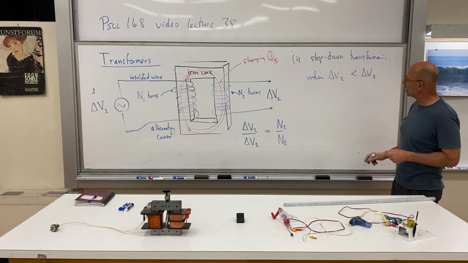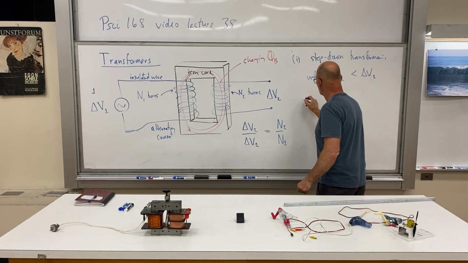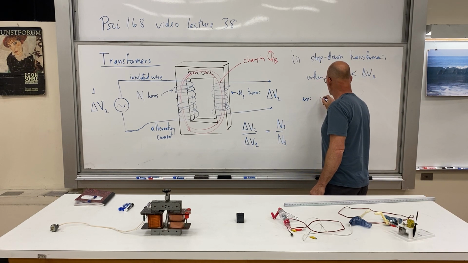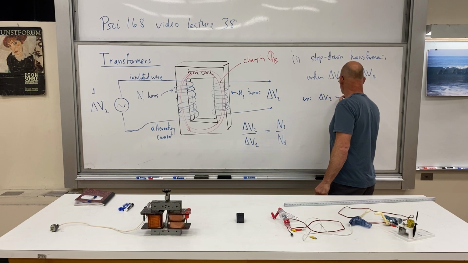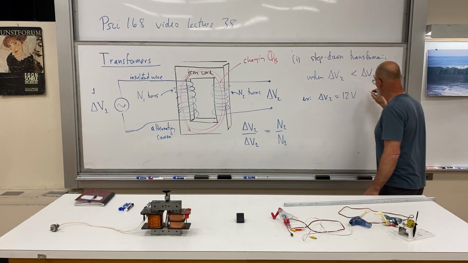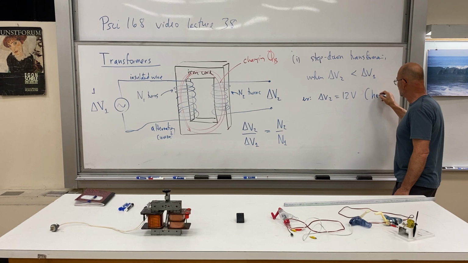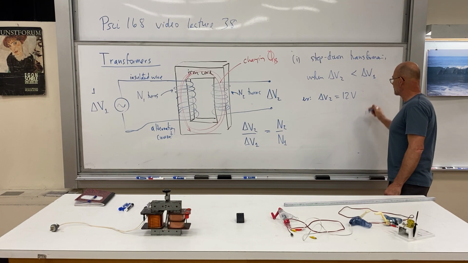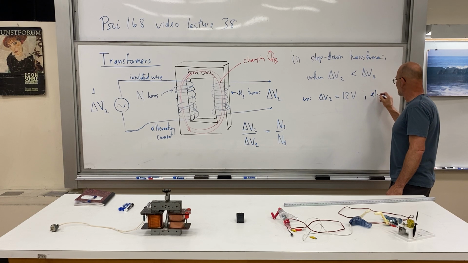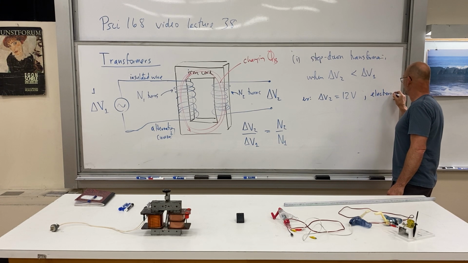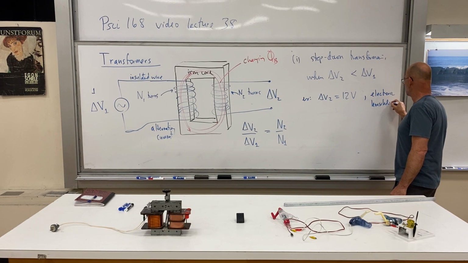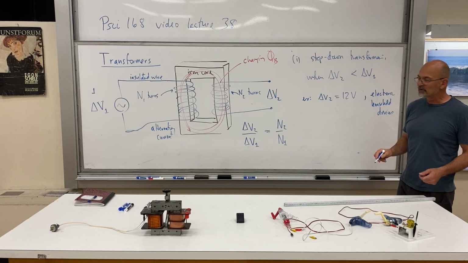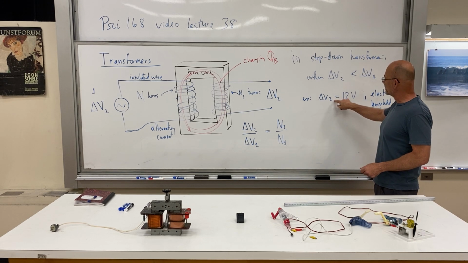In the example with the 120 volts, delta V2 equals 12 volts: your basic electronic devices, household devices. That's mostly for safety. 12 volts won't do you any harm.